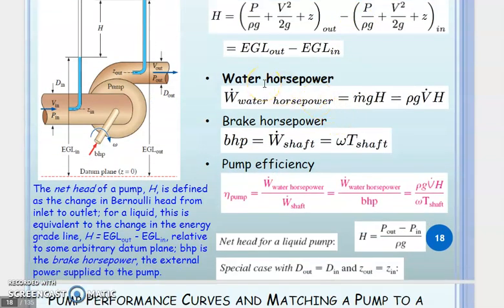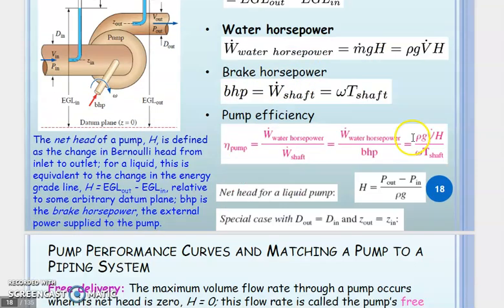Next, we have water horsepower, rho G Q H. Even though I explained before that we use V dot, it's normally easier for us to understand, so we just use Q. But if there's a question about capacity, you need to know that Q is actually capacity, so V dot. So rho G V dot H is equal to rho G Q H. That is the water horsepower, and then the brake horsepower is T omega.